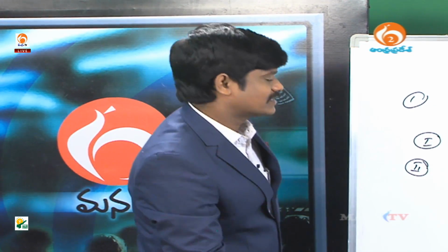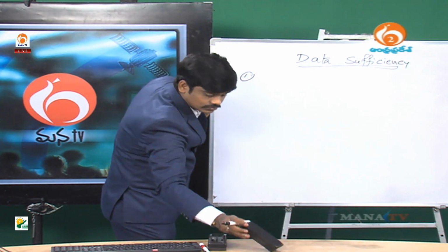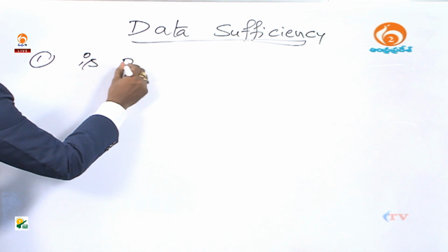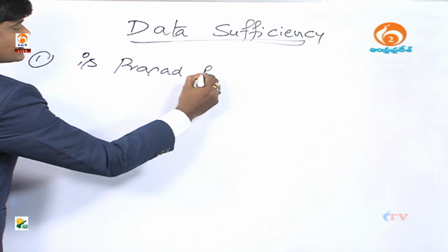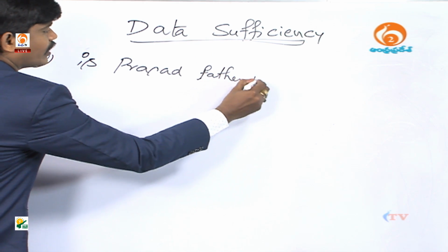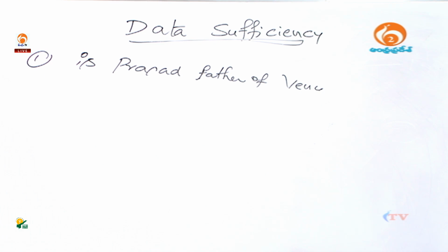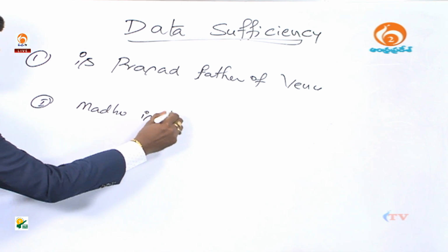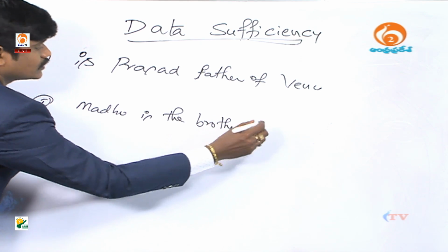Another example, the second example: is Prasad the father of Venu? The first statement they give, for example, is Madhu is the brother of Suresh.